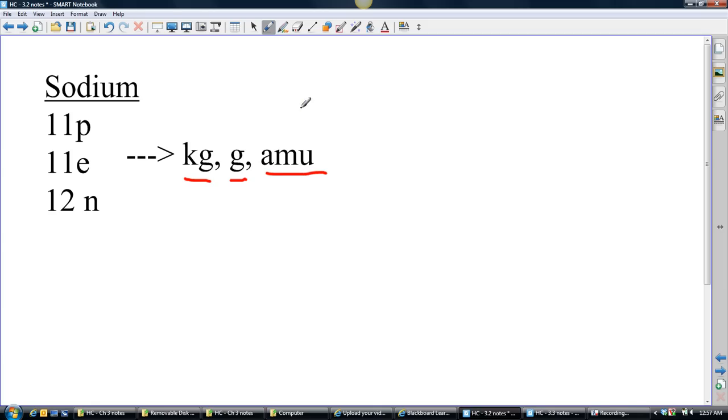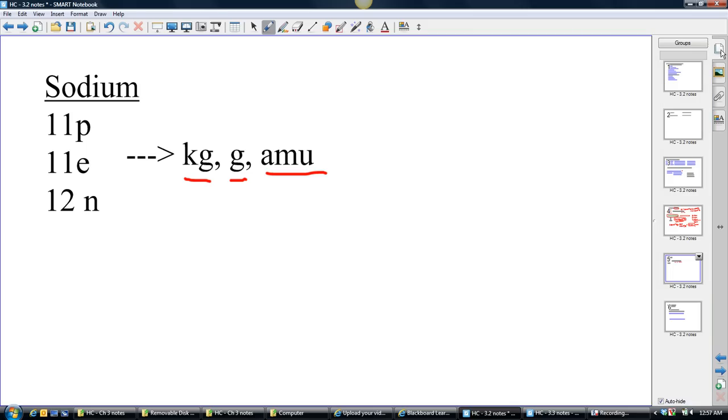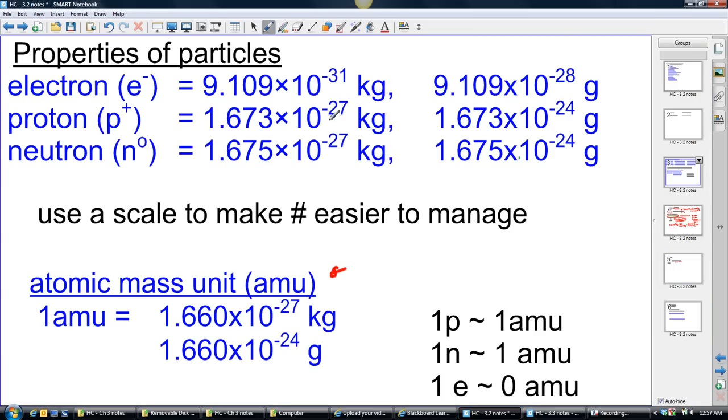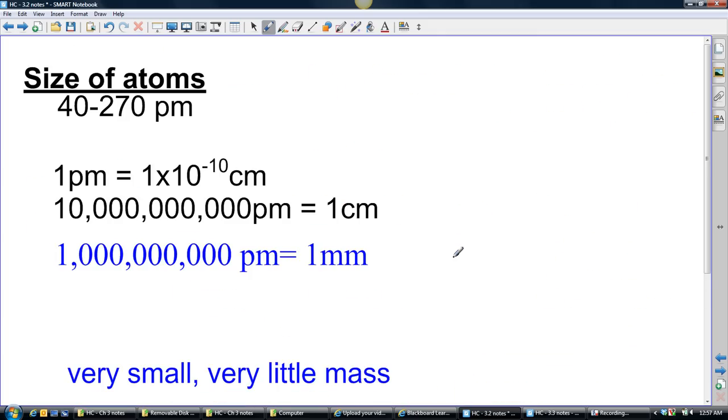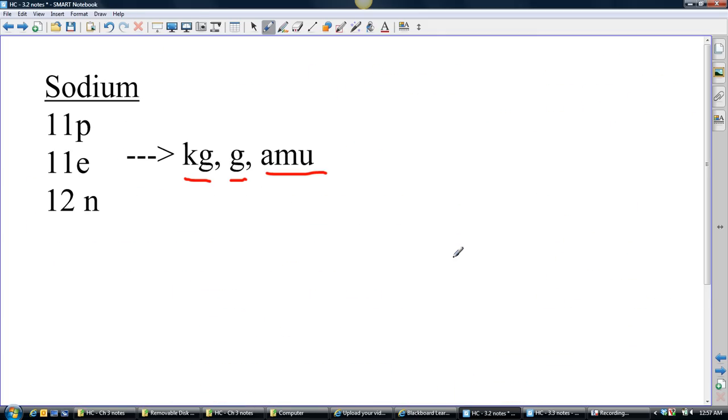That has the conversion factors for one electron, one proton, and one neutron, plus the conversion factor for converting AMUs to kilograms and grams. So pause this and work on solving for what one atom of sodium would be in terms of these three values, and we'll come back and talk about them.